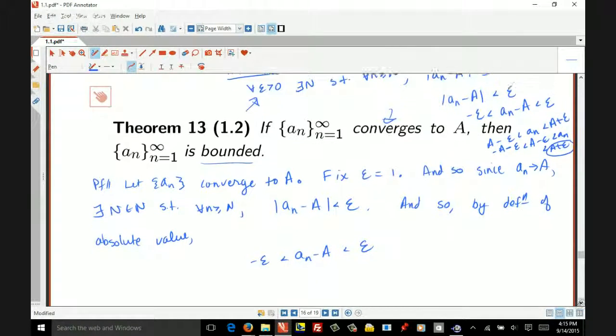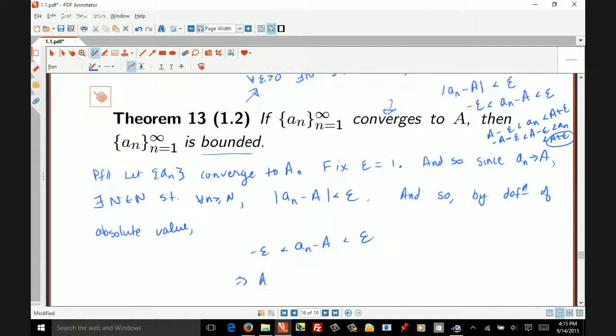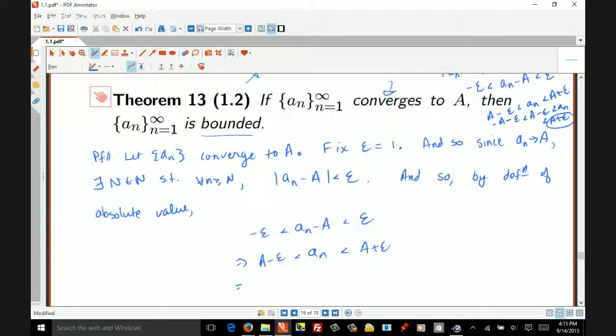Add a to both sides. So you have a minus epsilon is less than a_n is less than a plus epsilon. Oh yeah, these should be 1s. I totally forgot about this. We had been talking epsilon earlier. Good call, Kalai. And now I'm going to take an absolute value. So minus the absolute value of a minus 1 is less than a_n is less than the absolute value of, well, let me put 1 step in between.